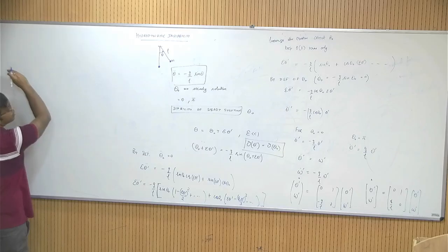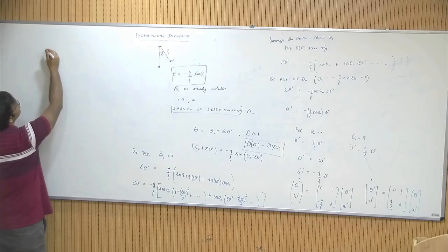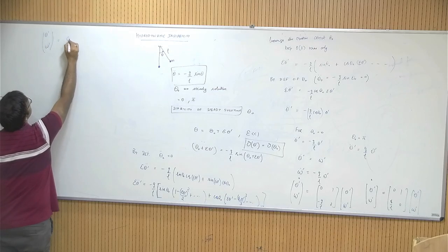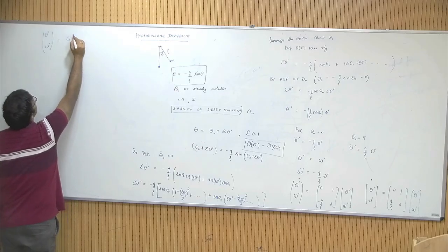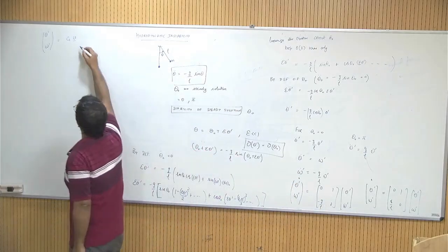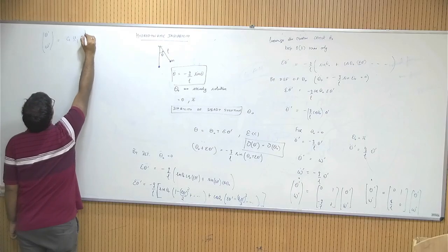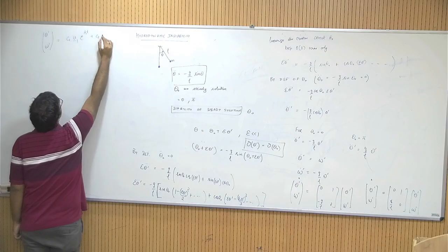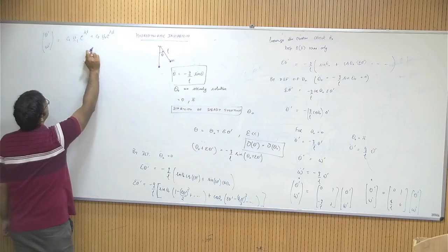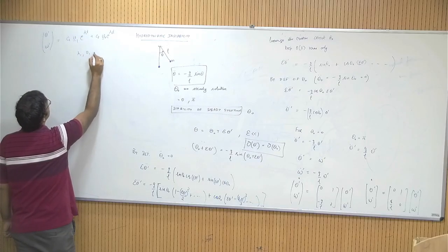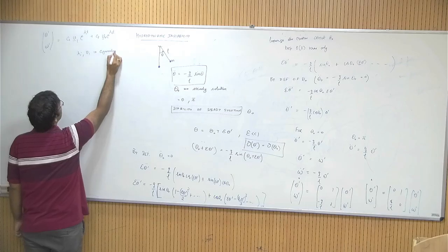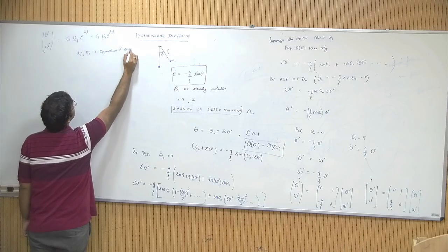So let me just give you the solution, and a general solution here will be some constant C1 times the eigenvector of this matrix, let's call it V1, times e to the power lambda 1 t plus C2 V2 e to the power lambda 2 t, where lambda i, Vi are eigenvalues and eigenvectors.